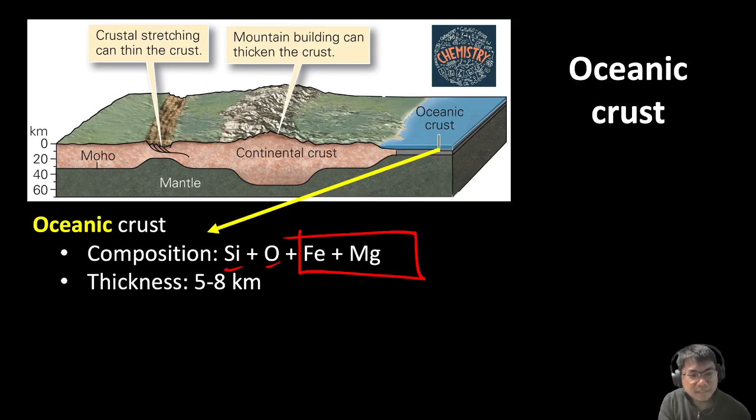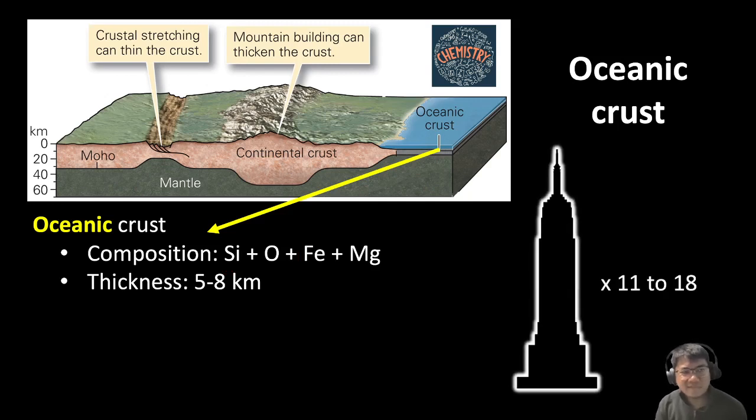Okay, and the thickness is actually much thinner than the continental crust. So in the continental crust, we can fit about 100 to 150 Empire State Buildings, but in the oceanic crust, we can only fit about 11 to 18 Empire State Buildings. So it's much thinner than the continental crust.